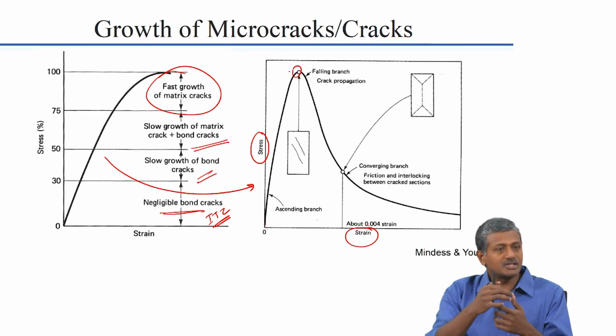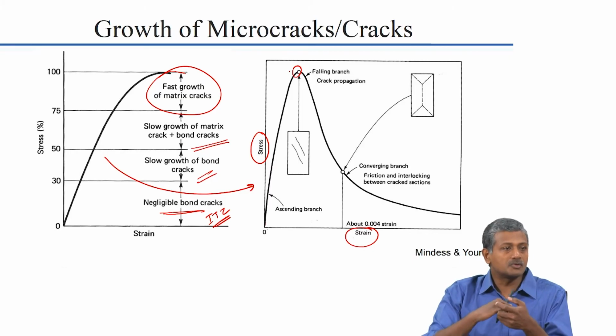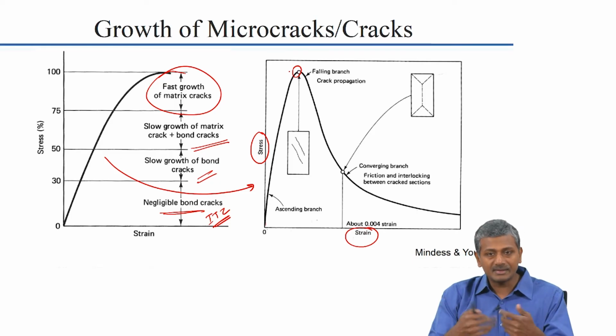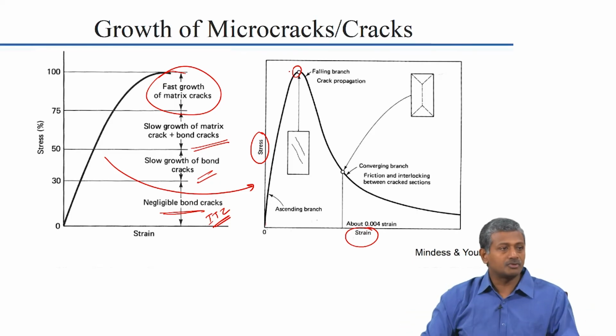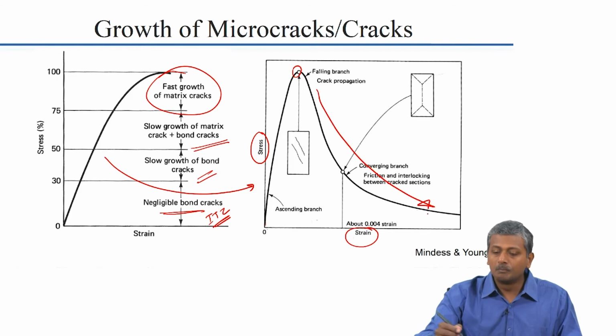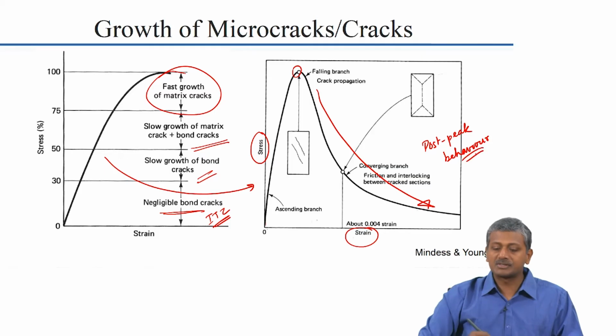But because there is sufficient amount of aggregate present in your concrete, there is going to be some interlock which will prevent the cracks from opening up at an instant. It will take some time and some extended deformation for the crack to completely open up, and that is what is responsible for this post peak behavior. Post peak behavior, and we will discuss this in more detail in the subsequent slides.